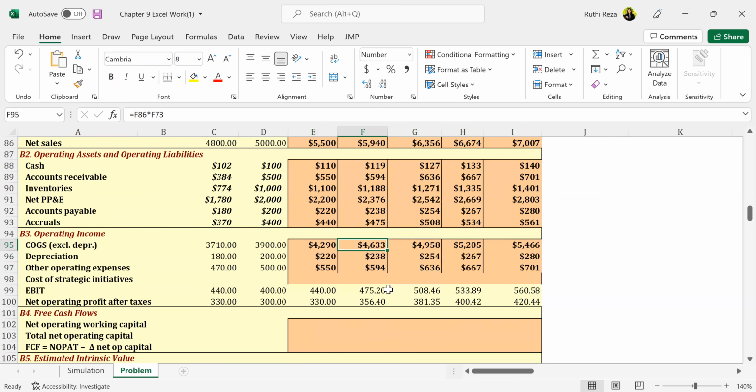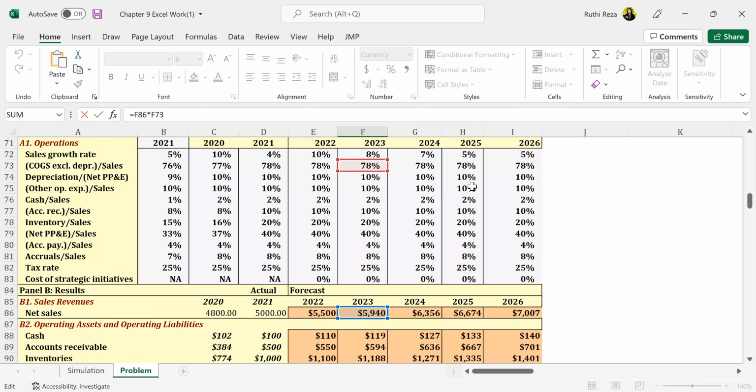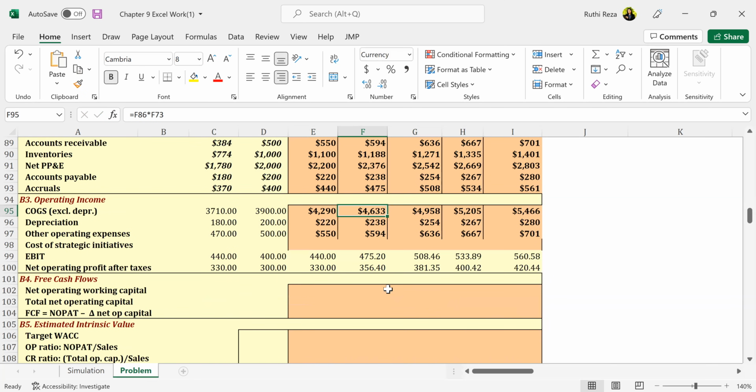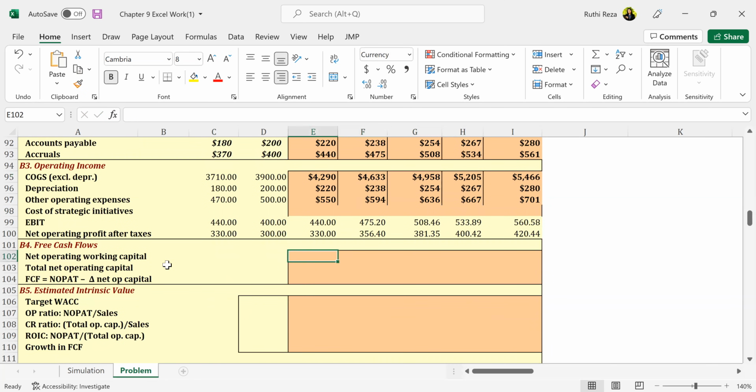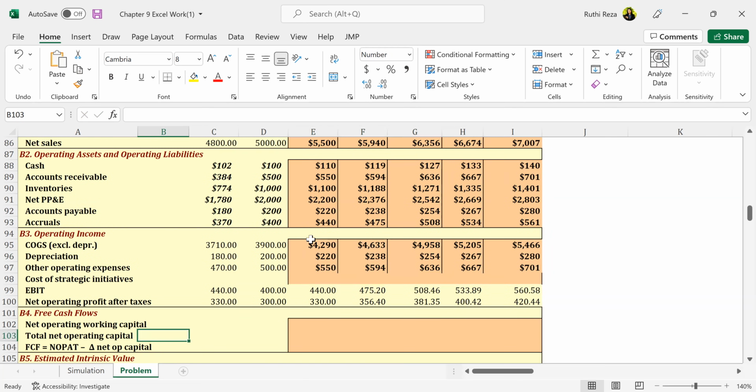And then let us apply the assumptions for the other years in the same way. Okay, now we got our forecasted EBIT, our net operating profit after taxes.